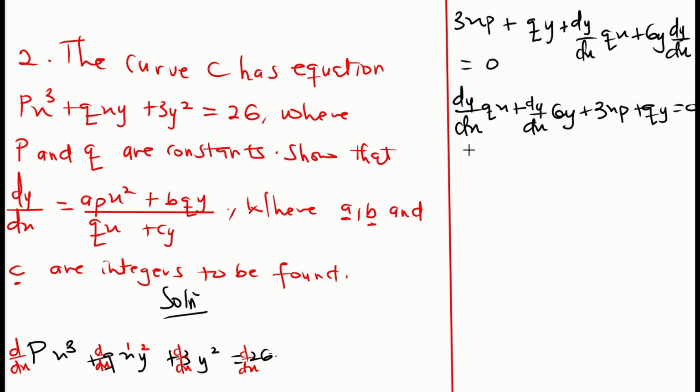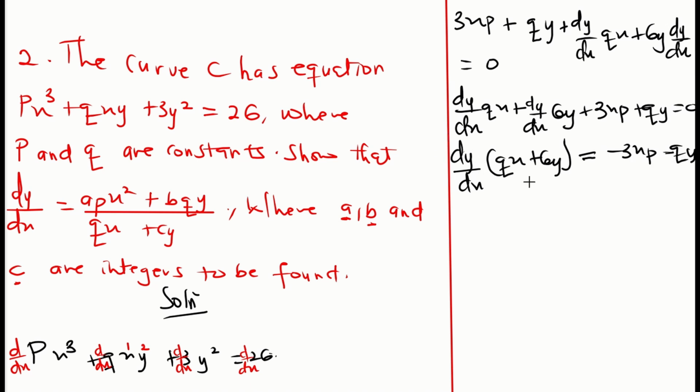Then we factor out dy/dx. This is dy/dx into bracket qx plus 6y, equal to, sending all these terms to the right hand side, minus 3xp minus qy.